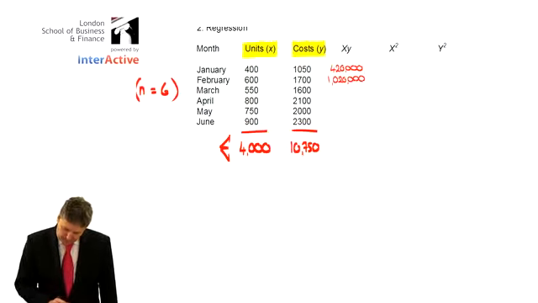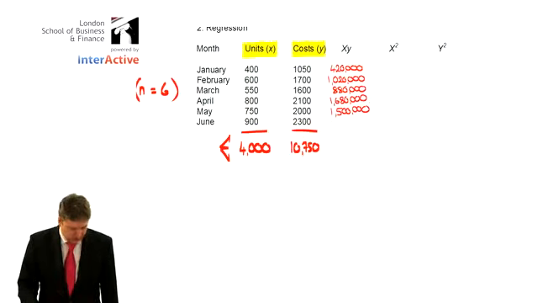We multiplied 550 by 1,600, 880,000. 800 by 2,100, 1,680,000. 750 multiplied by 2,000, 1,500,000. And 900 multiplied by 2,300, 2,070,000.